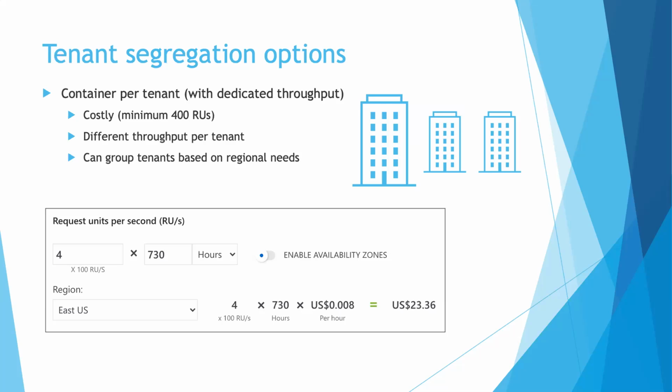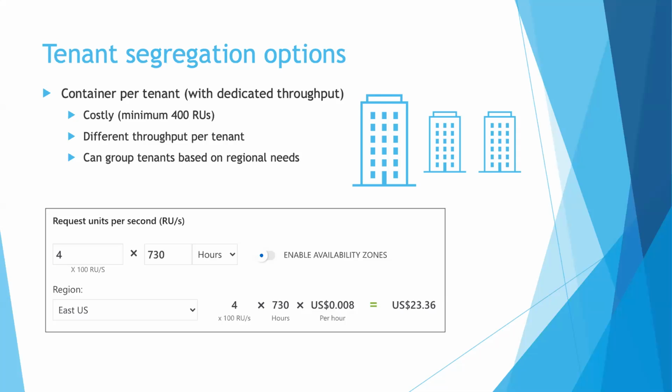So if we look at container per tenant with dedicated throughput, that actually has the same minimum cost as the account per tenant. So there we allocate the resource units, or the RUs, at the container level. And what we lose with the container per tenant option with dedicated throughput is that we cannot control the geo-replication settings.